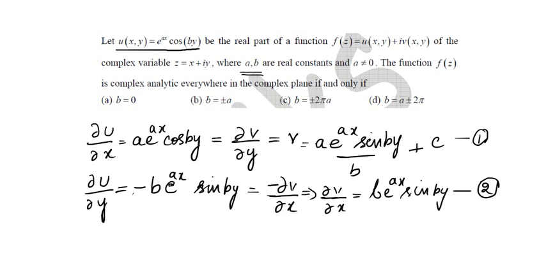To equate 1 and 2, we can differentiate equation 1 with respect to x, so that we get ∂v/∂x. Why we are differentiating with respect to x: because sin by is in term 1, and here also we have sin by in term 2.